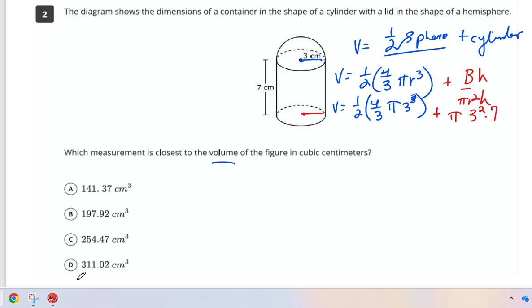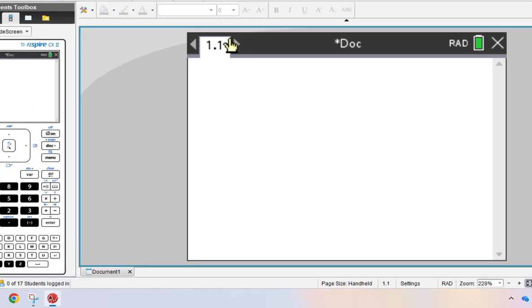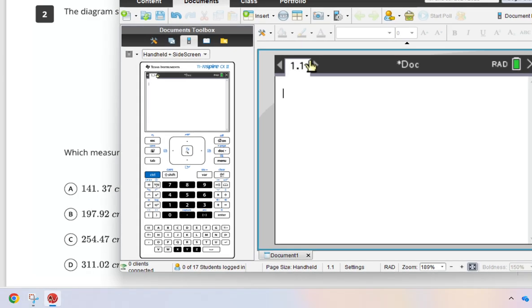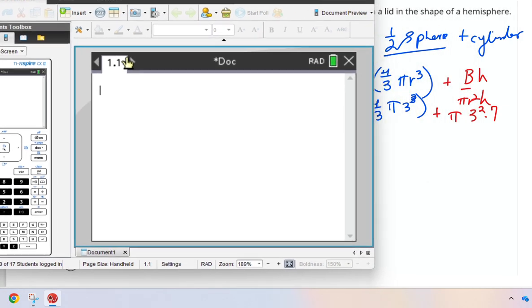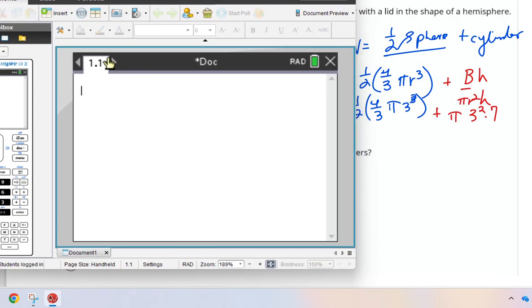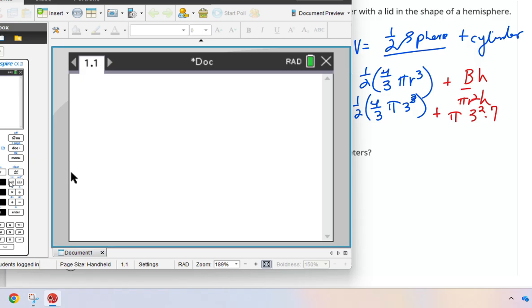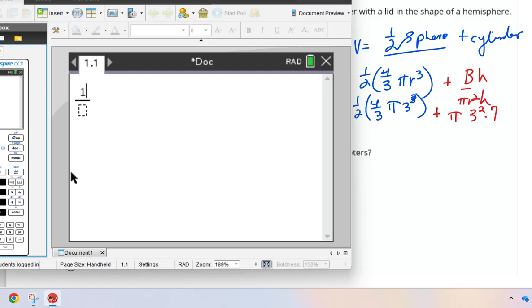And I'm going to type that on the calculator and see what we get. Make it a little smaller and put it over here. I think I can see it there. So I'm going to get a fraction, we're going to go with 1/2.